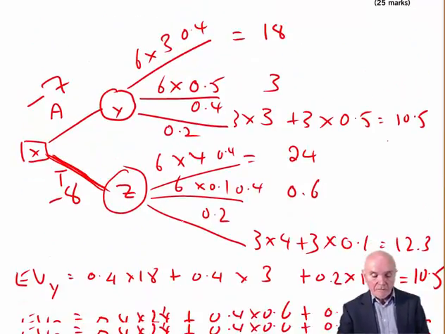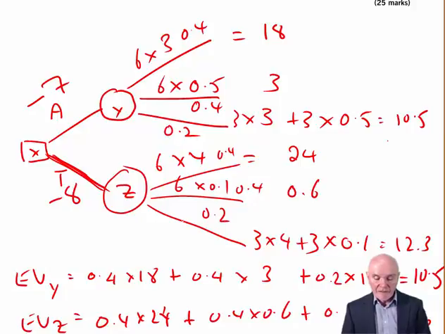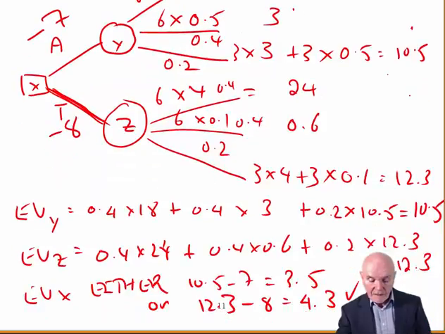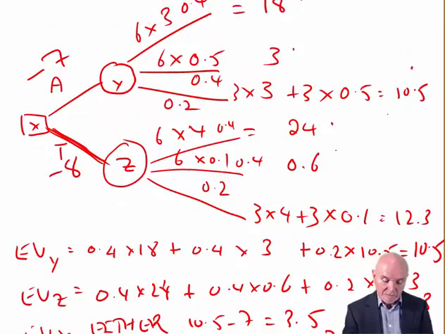Well, one of the common shortcomings in these methods is that the expected value is not actually really expected very often. We will either get 18 or 3 or 10.5, and the other one we're either going to get 24 or 0.6 or 12.3.